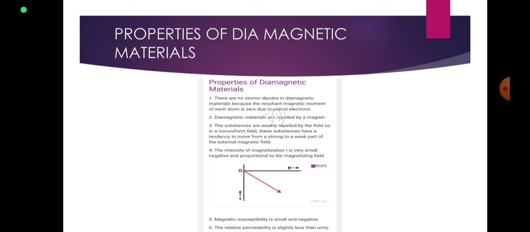Number 3, the substances are weakly repelled by the field, so in a non-uniform field these substances have a tendency to move from a strong to a weaker part of the external magnetic field. Number 4, the intensity of magnetization is very small, negative, and proportional to the magnetizing field. Number 5, magnetic susceptibility is small and negative. Number 6, the relative permeability is slightly less than unity.